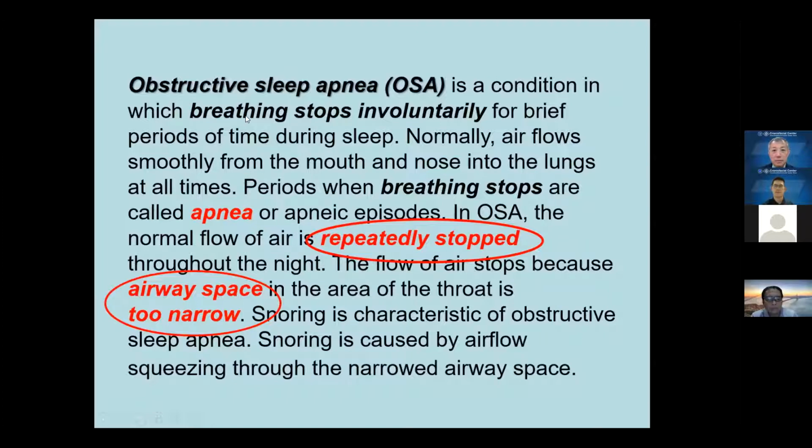The issue is that the apnea happens repeatedly. So the problem is the frequency, how frequently the apnea or hypopnea happens. And the other thing is the narrowing of the airway space. So what matters is the frequency and the space deficiency.